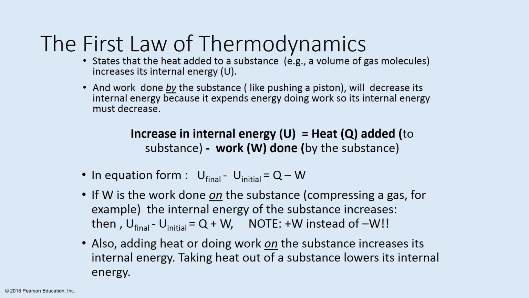So in that case, the change in internal energy is the heat added minus the work done by the gas. If, on the other hand, we do work on the gas, then the change in internal energy is written as Q plus W, and it's important to keep that in mind. Also, adding heat or doing work, either one, will increase its internal energy, and taking heat out of the substance will lower its internal energy.